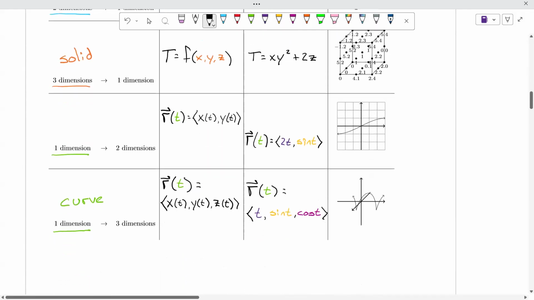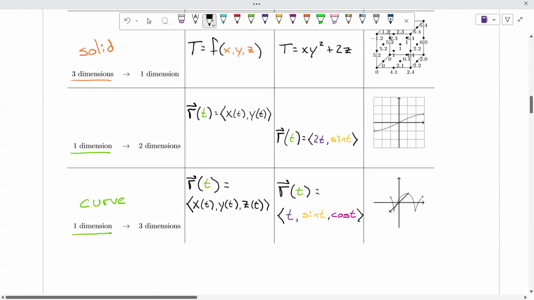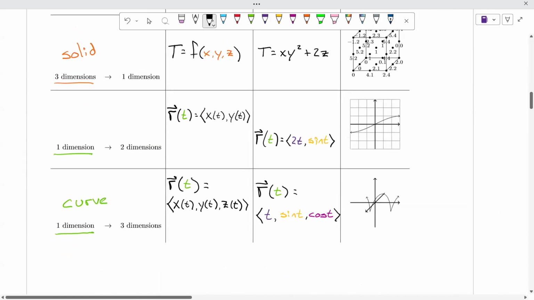Then the first couple of vector functions we looked at, we're taking one dimension and stepping that up into either 2 or 3. So that'll be a 2D vector or a 3D vector function. And starting from one dimension means that they only have one parameter. Usually we used t as that single parameter. Notably, that third option is a curve.